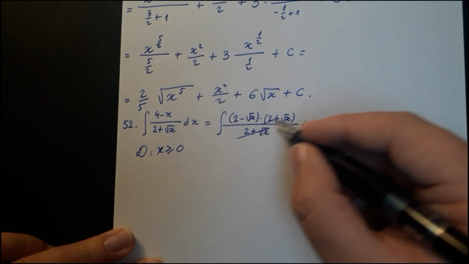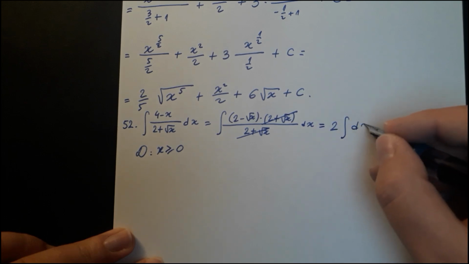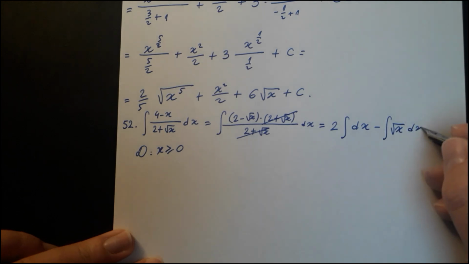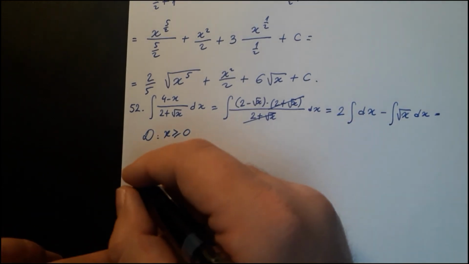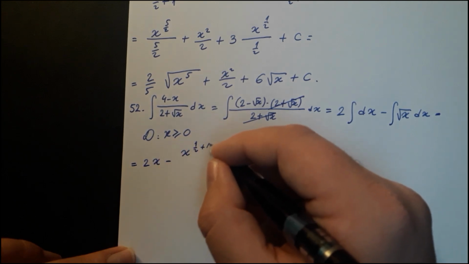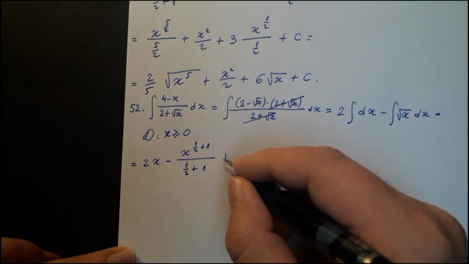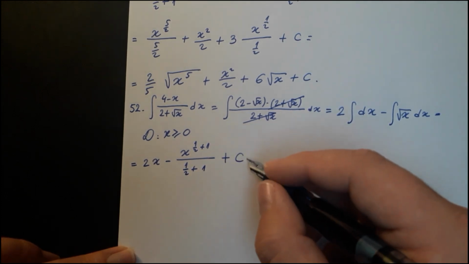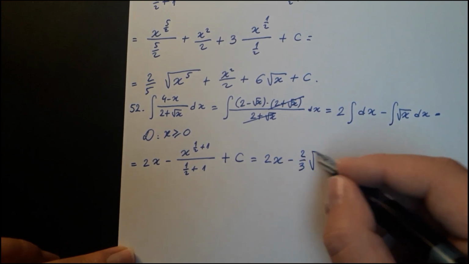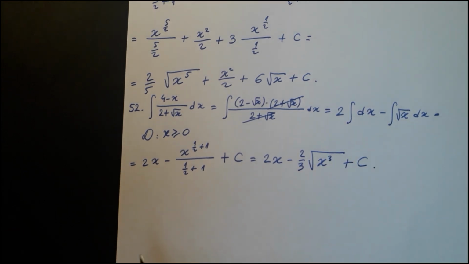These two are then going to cancel out, and we are left with two integrals of dx minus an integral of square root of x dx, which is equal to 2x minus x to the power 1/2 plus 1 divided by 1/2 plus 1, plus an arbitrary constant c. This is equal to 2x minus 2/3 of a square root of x cubed plus c.